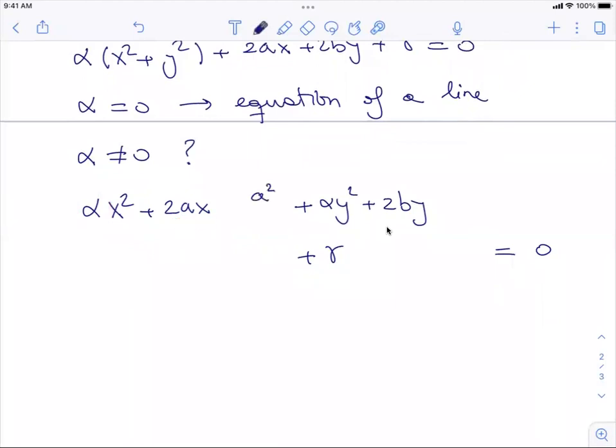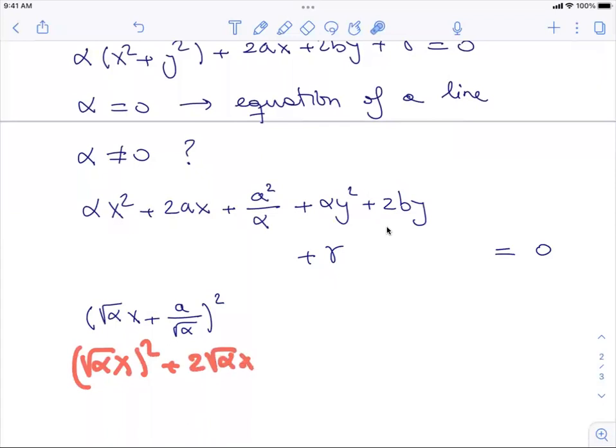So here we need a squared over alpha, so that in the first term we have square root of alpha x plus a over square root of alpha, all of it squared. Quick check: square root of alpha x squared plus 2 square root of alpha x times a over square root of alpha, these two cancel out, plus a squared over alpha.